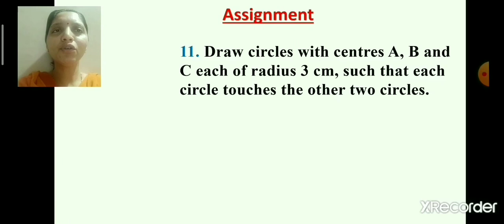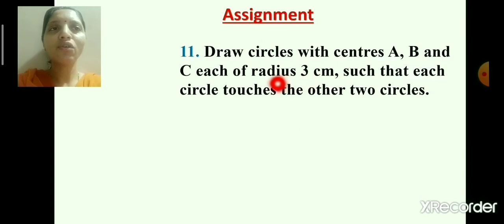Here, I have given you one question from problem set 3. 11th question. Draw circles with centers A, B and C, each of radius 3 cm, such that each circle touches the other two circles. So here you have to draw the externally touching circles. So for the externally touching circles, we have to add the radii of the two circles.